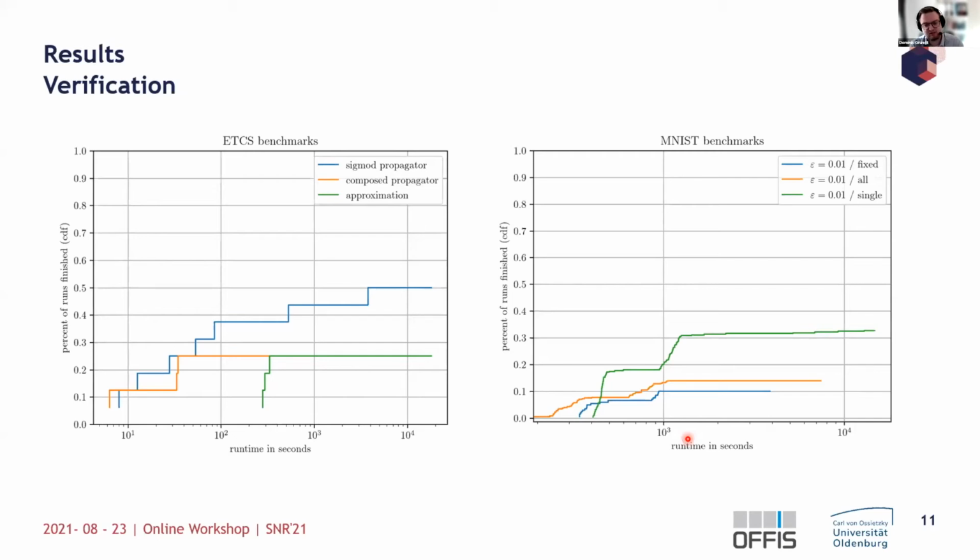On the right side, we see the MNIST benchmarks. Here, based on the runtime advantage of the new propagator, for the MNIST problem we used only the new propagator. And here we allow a little bit of fluctuation in the input, so an epsilon of 0.01 for every verification, which means a first step in the direction of robustness, perturbation and adversarial examples. Very small, but a first step in this direction.